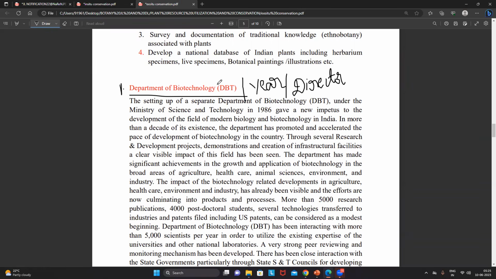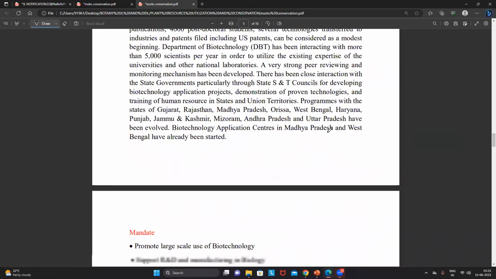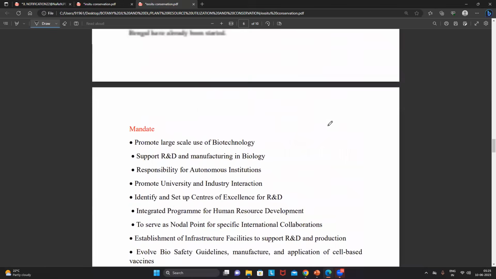When the Department of Biotechnology was started, which year they started, who is the current director, where the main branch is located, and the fifth one, their functions. So for every organization, you have to read these things: name of the organization, year of establishment, who is the current director, branches, then functions. So I have mentioned everything very clearly.